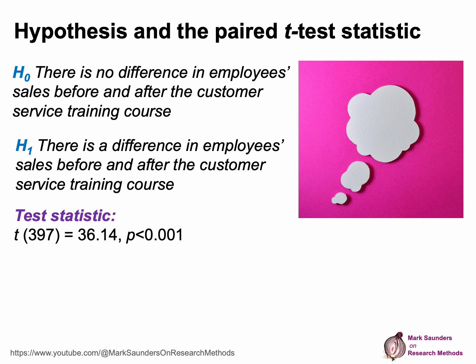And our test statistic is normally calculated using either SPSS or Excel or some other form of statistical software. In our case, our test statistic says that the t-test is 36.14 with 397 degrees of freedom. This means we have a large sample and a probability of less than 0.01.